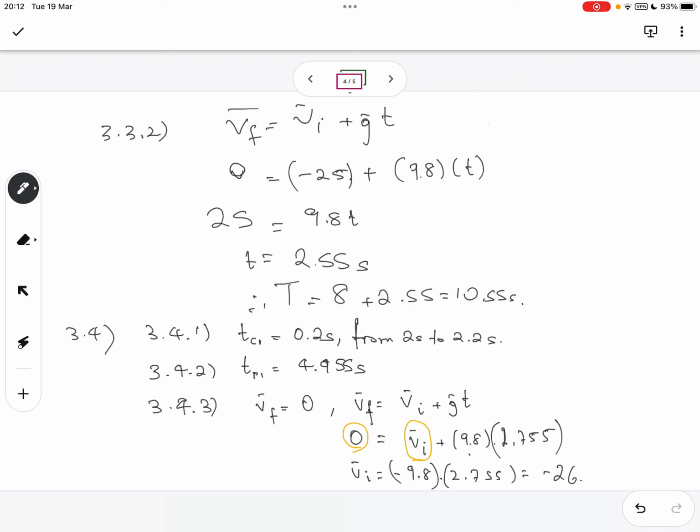So negative 26.999 meters per second. So it kind of makes sense.